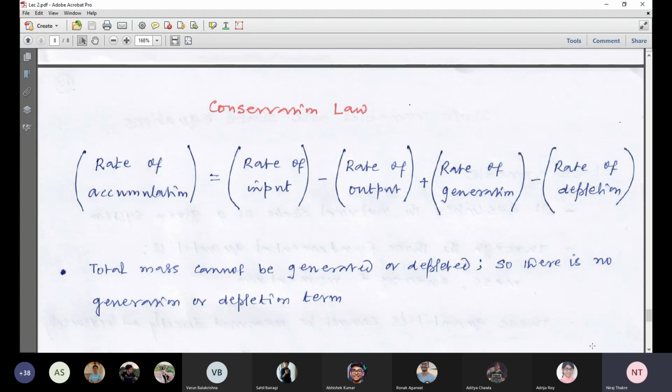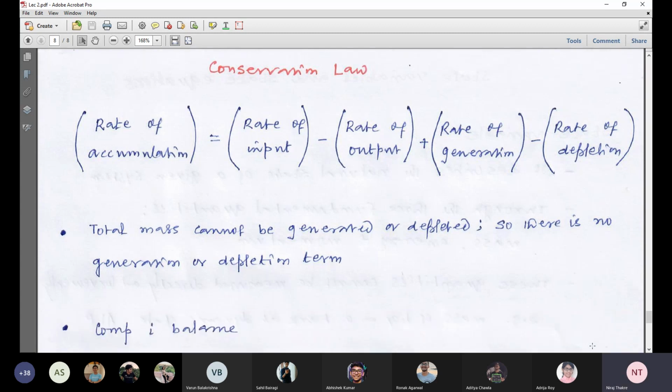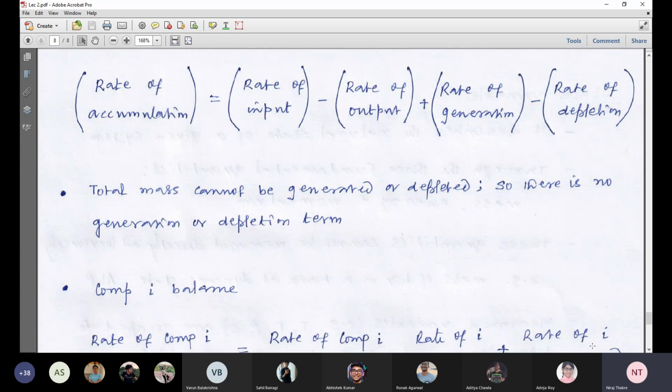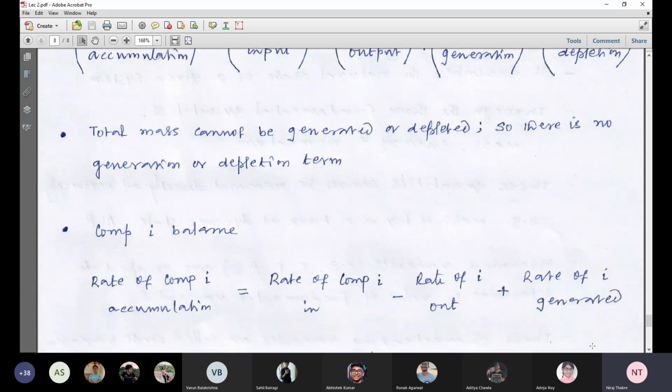Now, this statement I think well known to everyone. Total mass cannot be generated or depleted. So there is no generation or depletion term in total mass balance equation. But if we consider component mass balance, they will be there, which is shown here, you see.